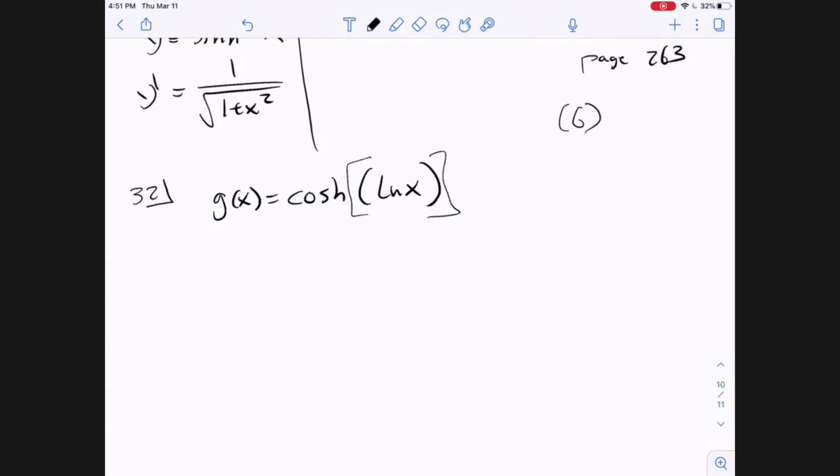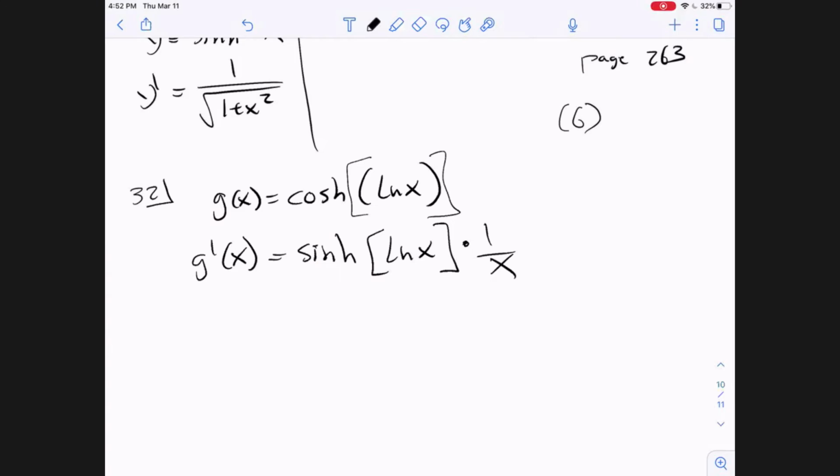Hyperbolic cosine of u. What's the derivative of hyperbolic cosine? Hyperbolic sine of u times the derivative of u. What's the derivative of u? One over x. Right? Derivative of ln of x is 1 over x. And then you've got the chain rule and things like that.